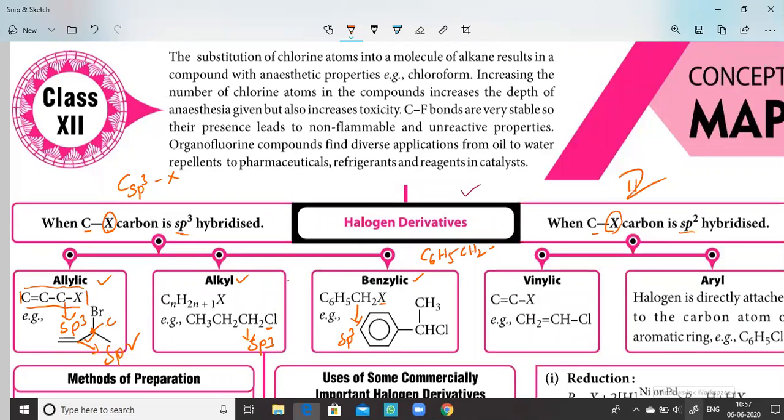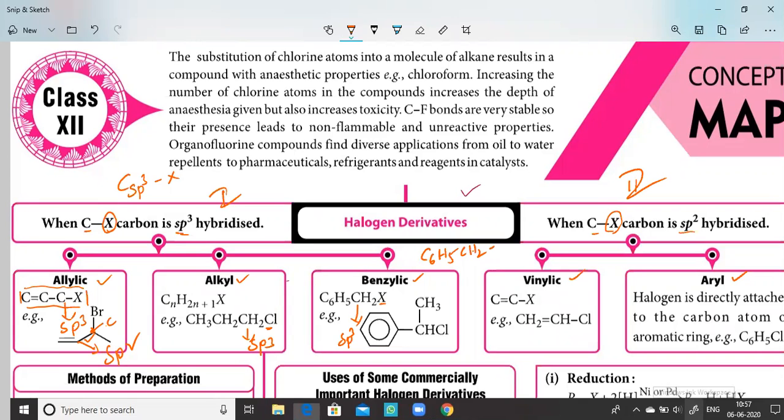Next, let us go for the second type of classification. This is the second classification; this is the first classification. In the second classification, you can see the halogen is attached to a carbon which has sp2 hybridization. This system is again classified into two types. One we are calling vinylic, the other we are calling aryl. What is vinylic?